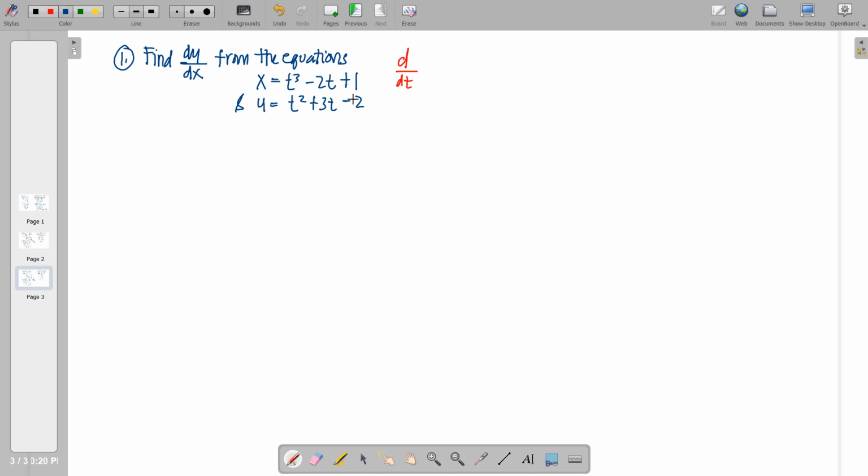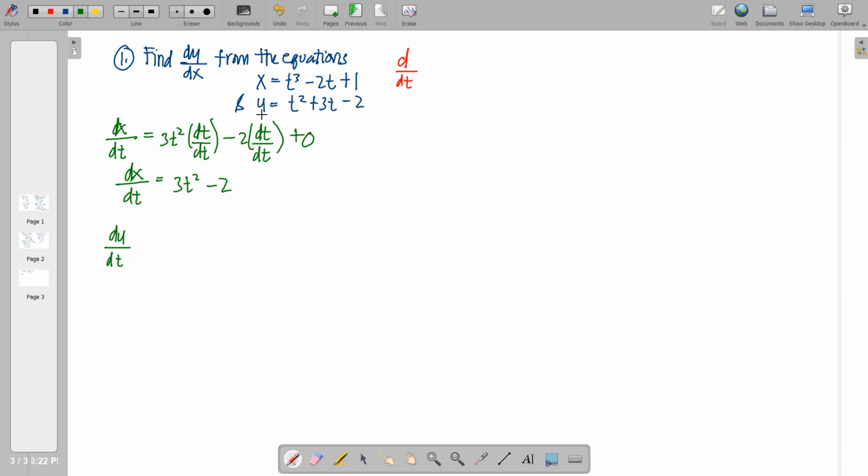Doing that for the first equation, we have dx over dt, then 3t squared dt over dt minus 2 dt over dt plus 0. Hence, we can simplify the first parametric equation to 3t squared minus 2.